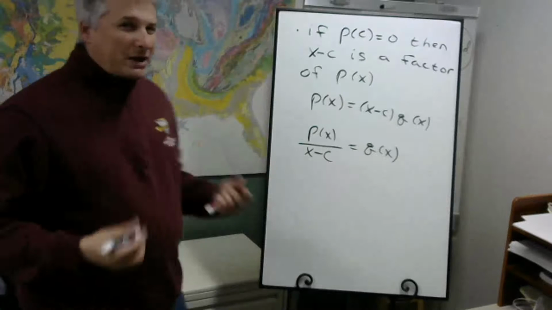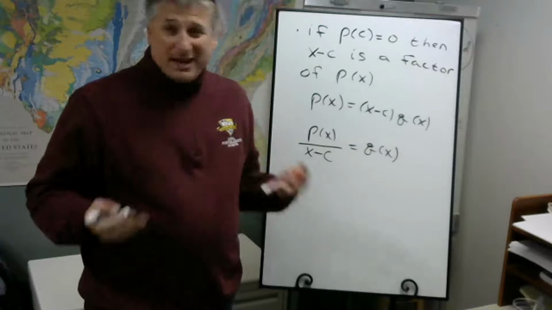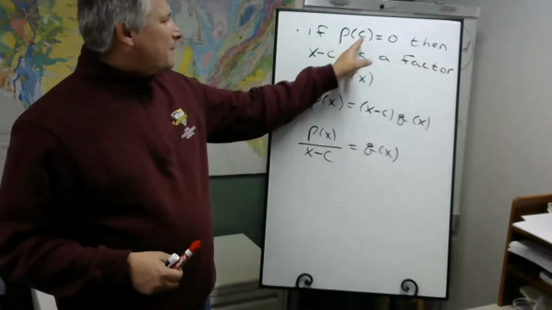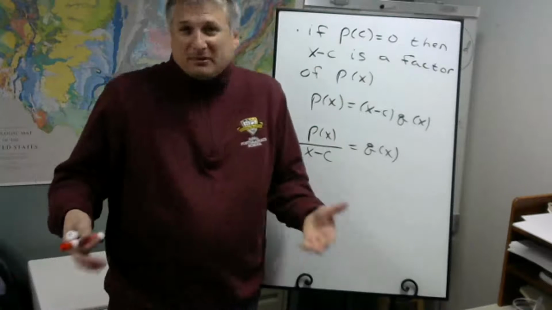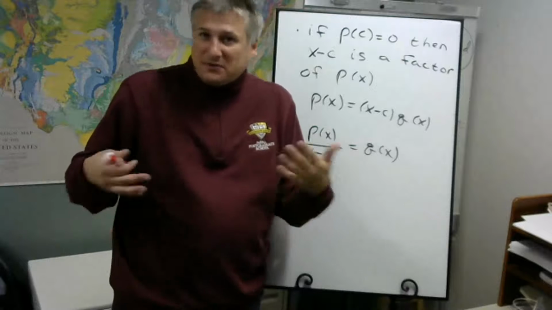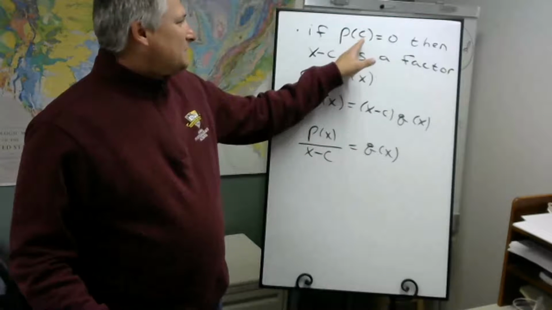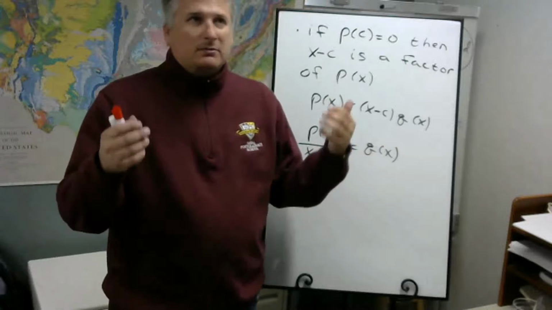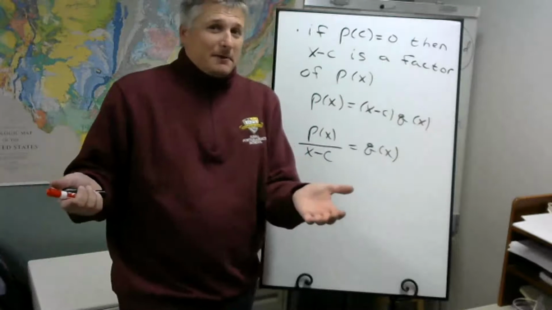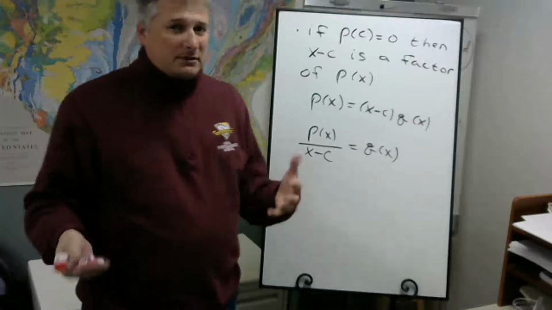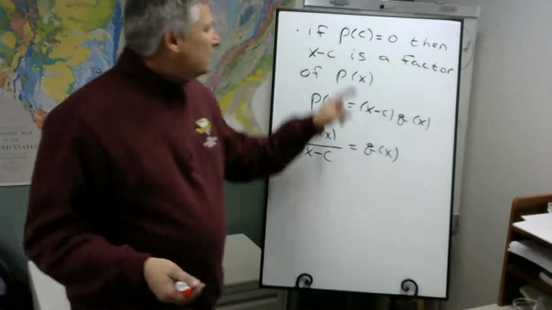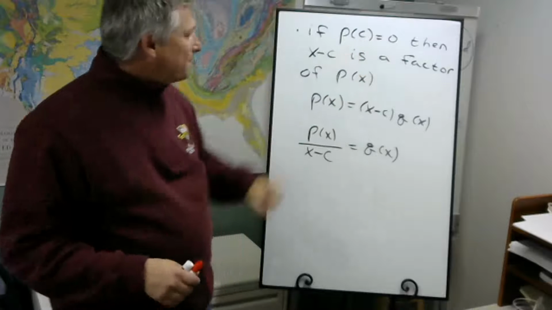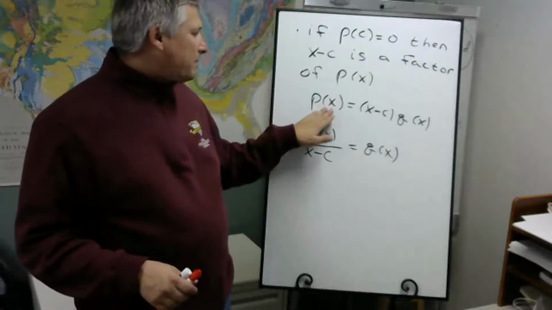And when we get to the rational zeros theorem, this is actually what we're going to do in the next section. We're going to come up with a way to, not properly, but with some success, hopefully, guess a c. Because right now we can just say, okay, here's a polynomial. Let me try 5, see what happens. Well, when we get to the rational zeros theorem, we're going to have some guidelines on how to guess a c that'll work.